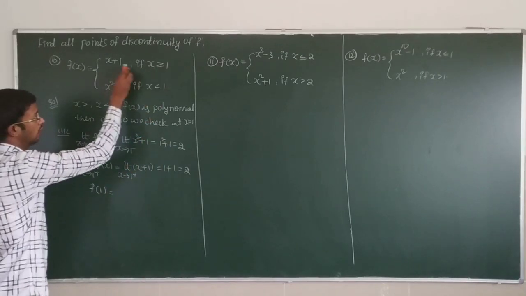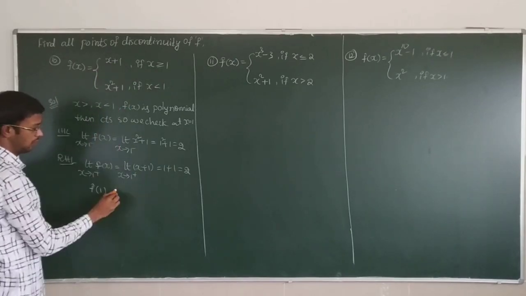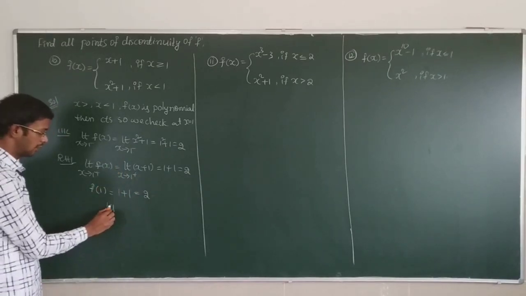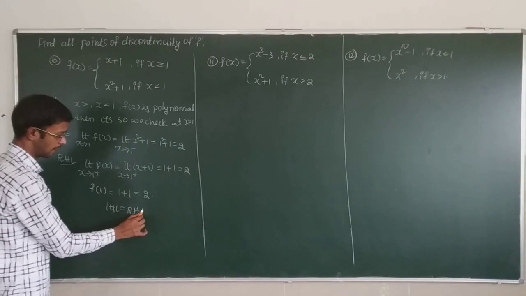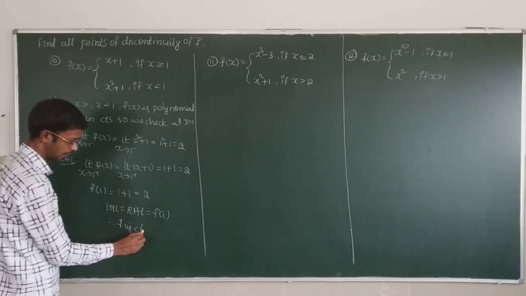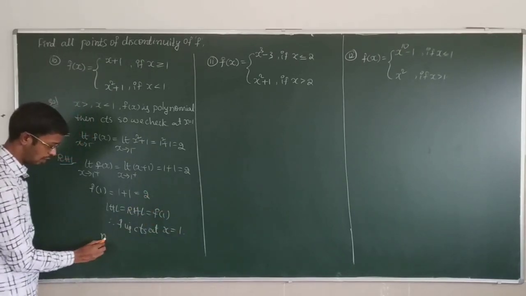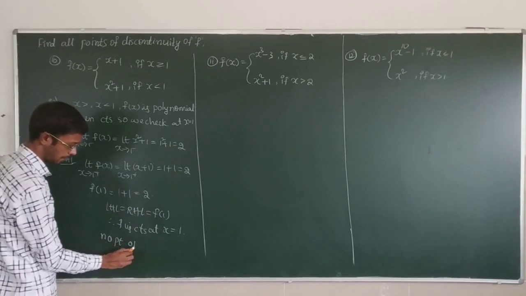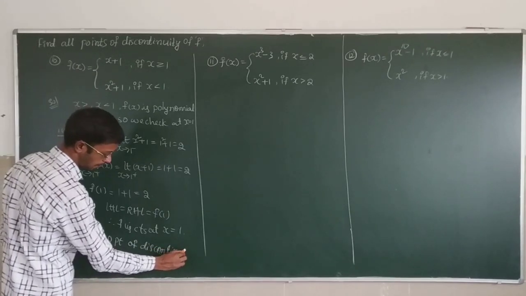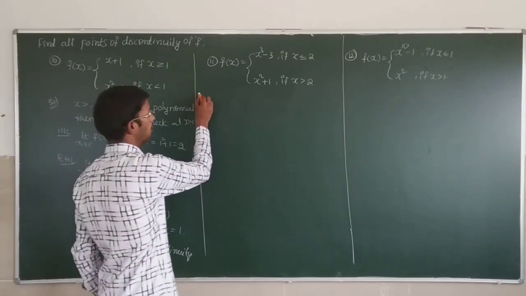Equal to 1 means x plus 1, so substitute 1 plus 1 is equal to 2. LHL is equal to RHL is equal to f of 1. f is continuous at x is equal to 1. No point of discontinuity.